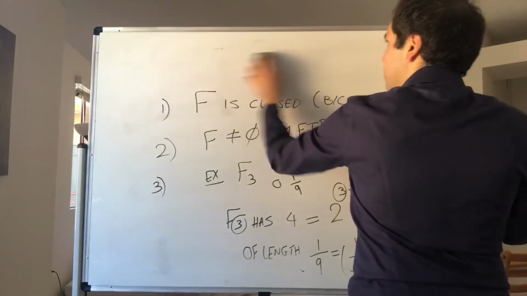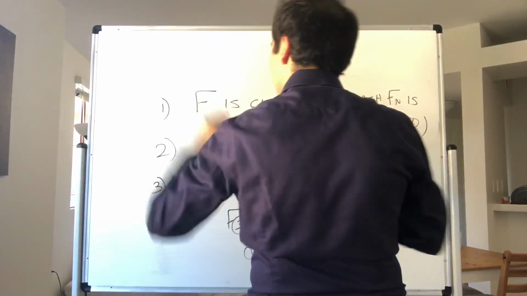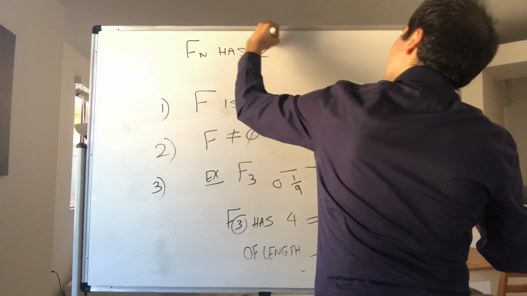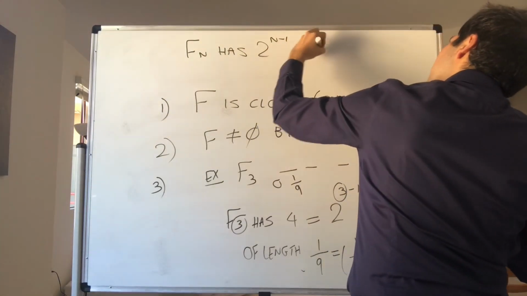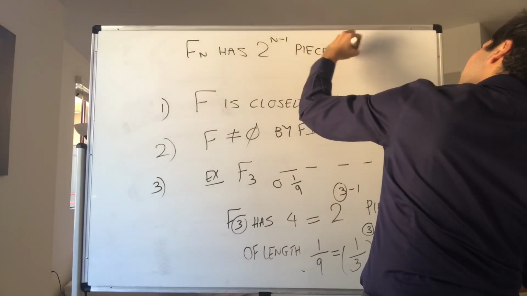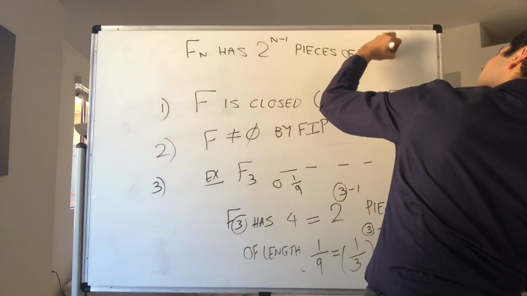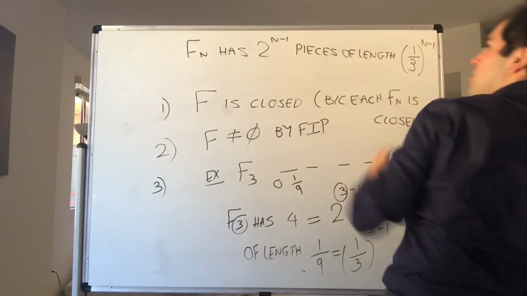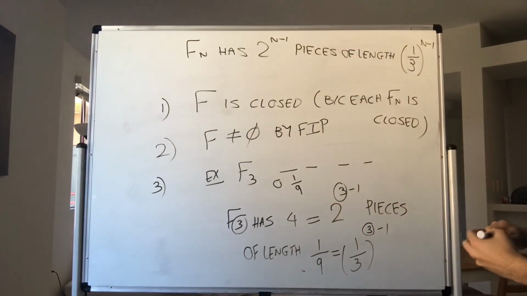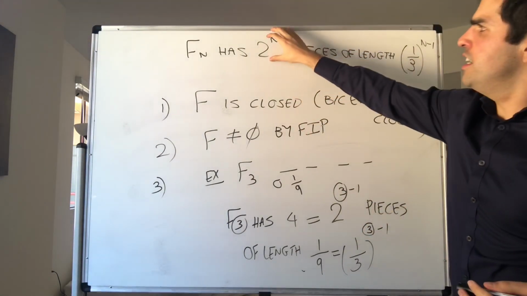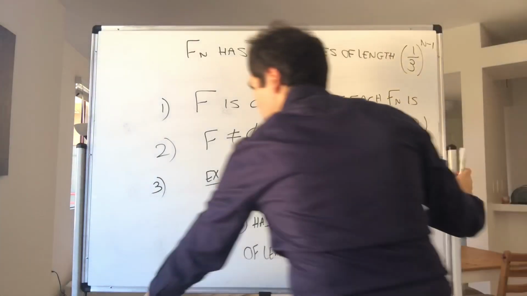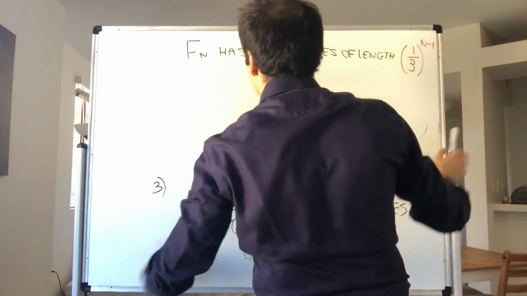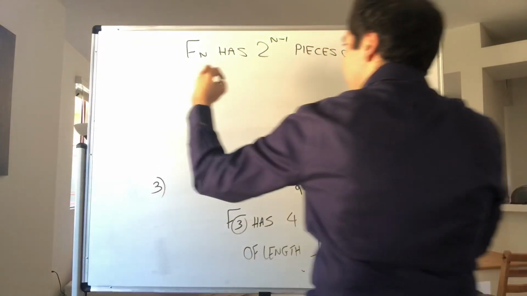So Fn has 2 to the n minus 1 pieces of length (1/3) to the n minus 1. And in particular, the total length of Fn is just this times this, because it is the number of pieces times the length of each piece.